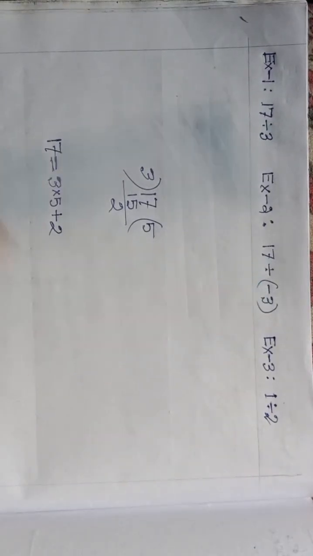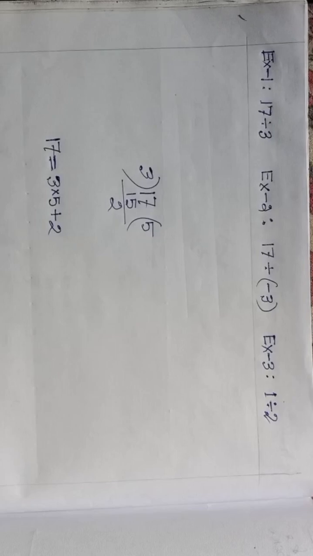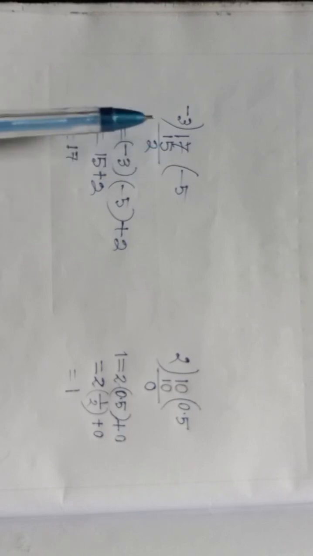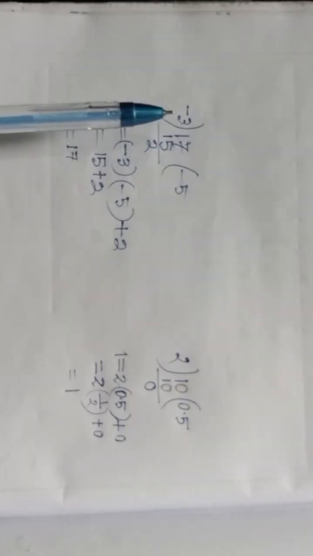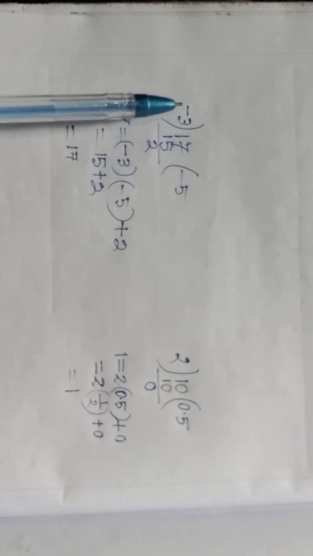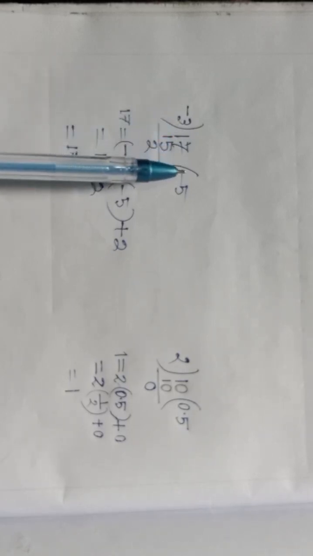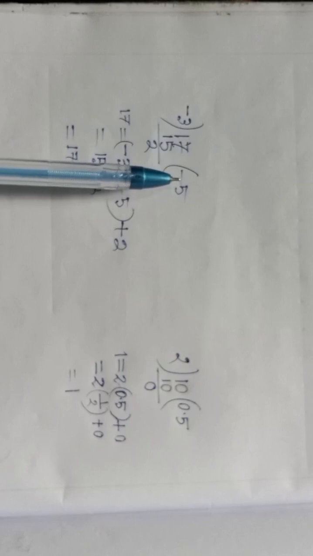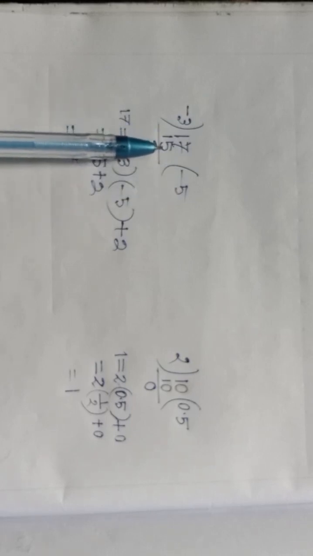17 divided by minus 3. So take 17 and divide it by minus 3. As a result we get minus 5 as quotient, and the product is 15.